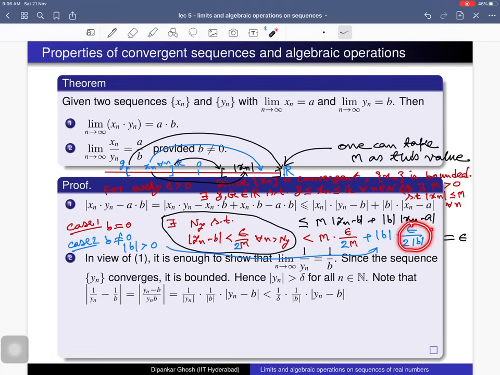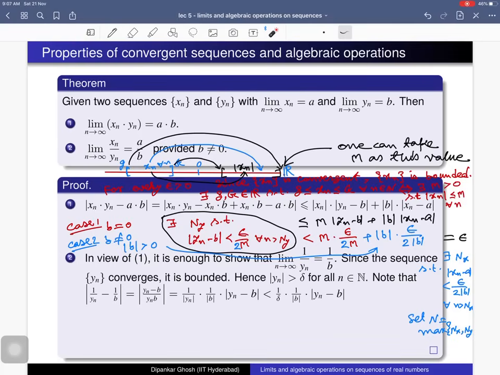For this positive real number there exists nx such that this distance is less than epsilon by 2 mod b for all n greater than nx, and then you set n to be the maximum of nx and ny.